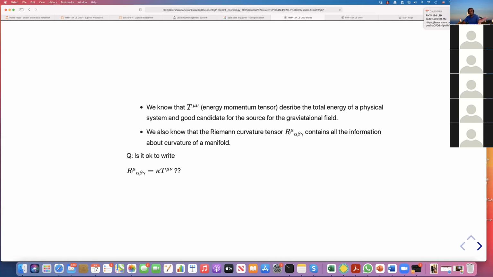So we remove the metric tensor G mu nu here and replace it with the Riemann curvature tensor. Now we have to think about whether it is okay to write it in this way. I need an answer from you for this equation. Is it correct to write this equation, or is there anything wrong with it? What do you think? Is it right or wrong?